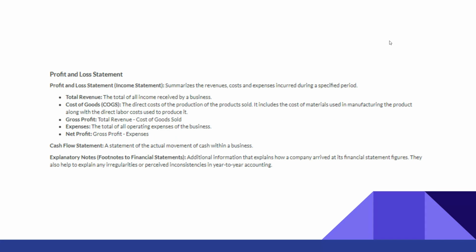Gross profit: total revenue minus cost of goods sold. Expenses: the total of all operating expenses of the business. Net profit: gross profit minus expenses. Cash flow statement, a statement of the actual movement of cash within a business. Explanatory notes, footnotes to financial statements, additional information that explains how a company arrived at its financial statement figures.